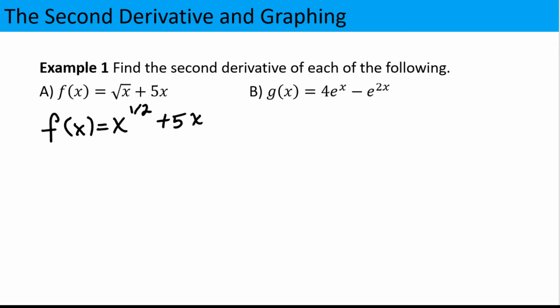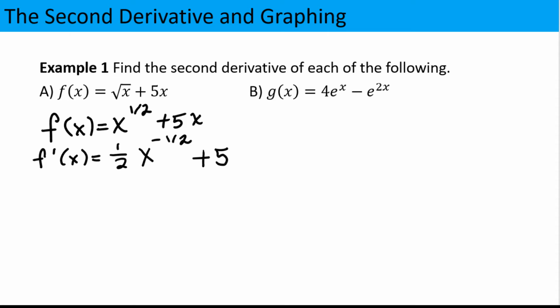Now we find the first derivative, f prime of x. To do so, we bring the 1/2 down, write it as a coefficient. x to the power of 1/2 minus 1 is negative 1/2, plus the derivative of 5x is 5.